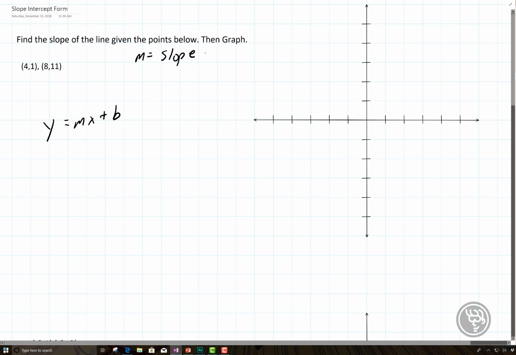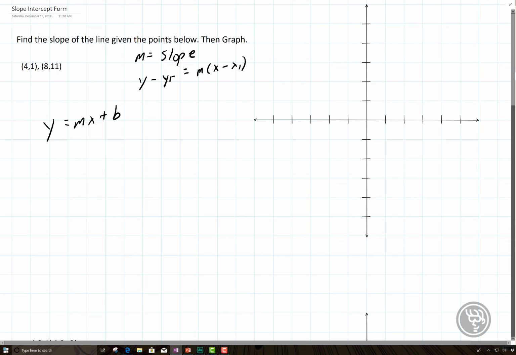And once we have the slope, we can use our point slope formula, which is y minus y1 is equal to m times x minus x1. Once we use that, we can formally complete an equation for this line.